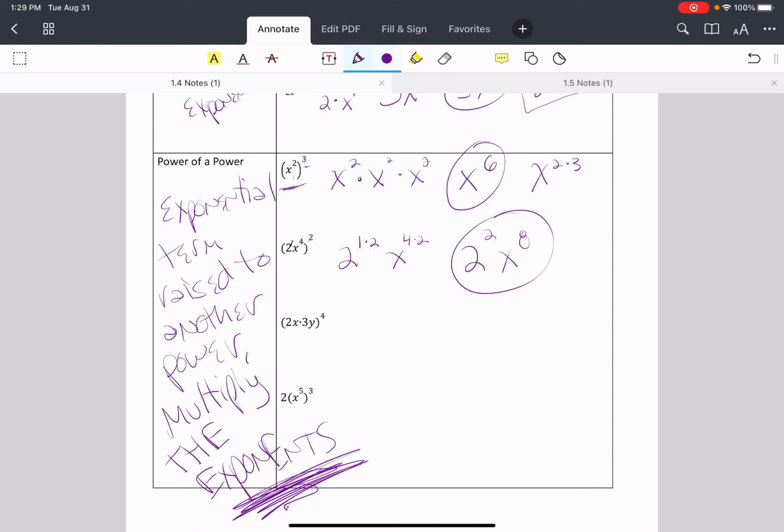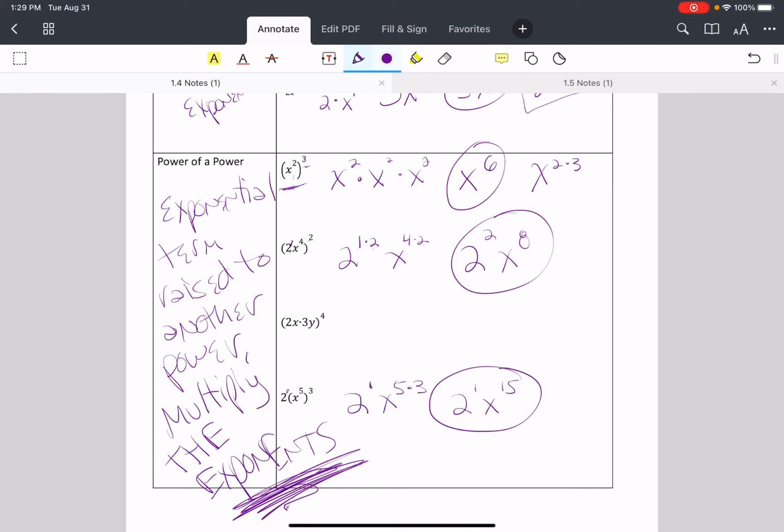I actually want to jump to the 4th example first on this one. What's the exponent on the 2 right now? Should I times it by 3? I did on the last one. Very good. On this one, the 2 is not in the parentheses, so it doesn't get multiplied by the 3.